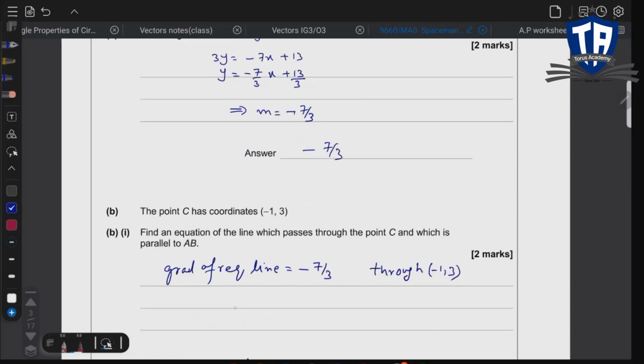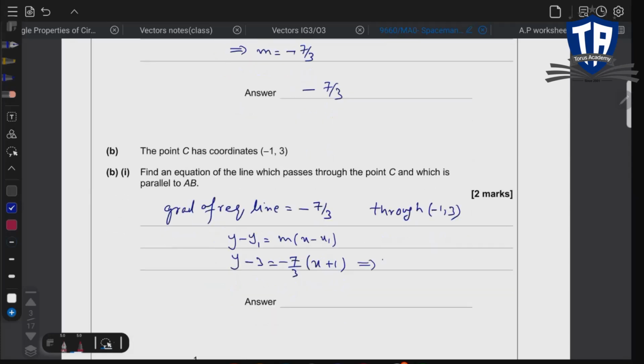You can use the equation of the line to get the answer. Just for your idea, I'm using this equation, where y is equal to this, the gradient is this one and x minus minus 1. It is y is equal to minus 7 over 3 x plus 2 over 3.